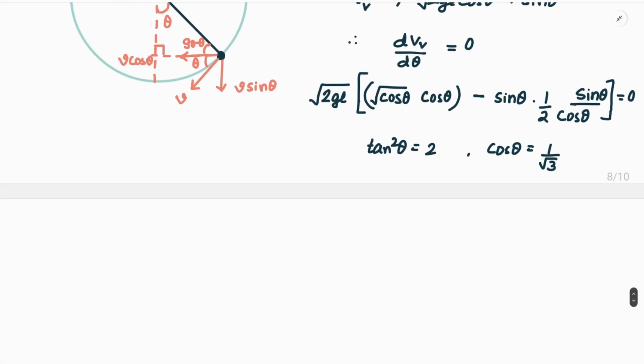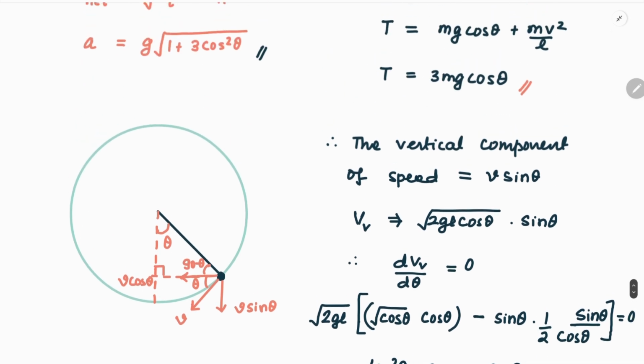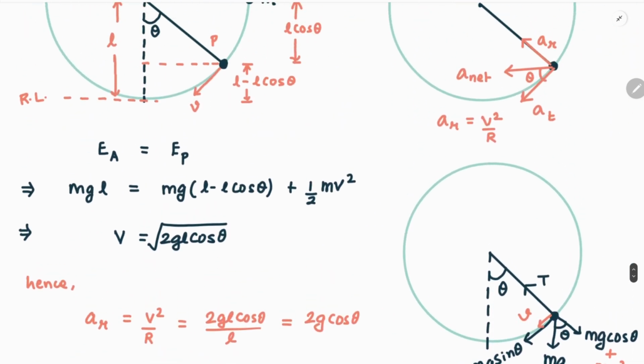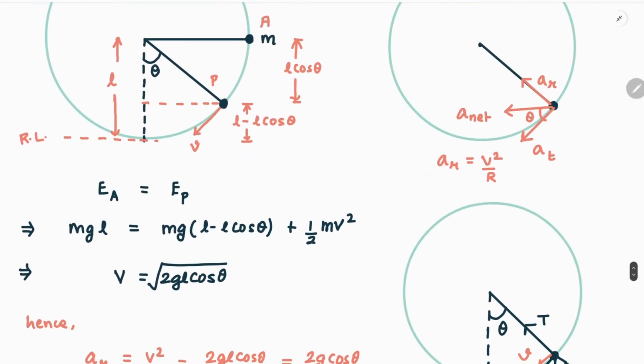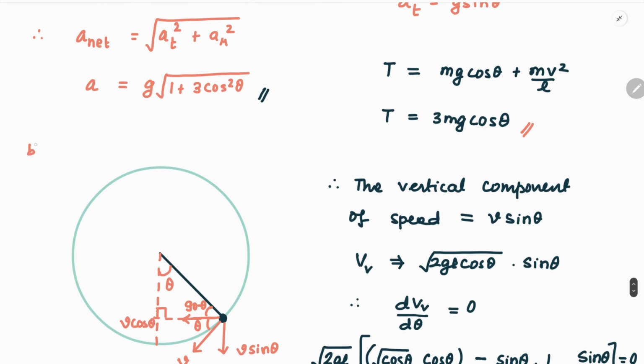So for part B, the required answer for tension is 3 mg cos theta, which is equal to 3 mg by root 3, that is root 3 mg. So we have solved so far the first part and the second part of the problem. This was the first part, which we write as part A, and after this we solved the second part of the problem, which is part B.